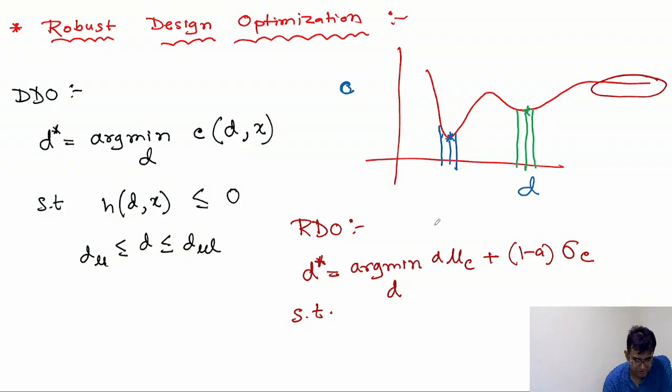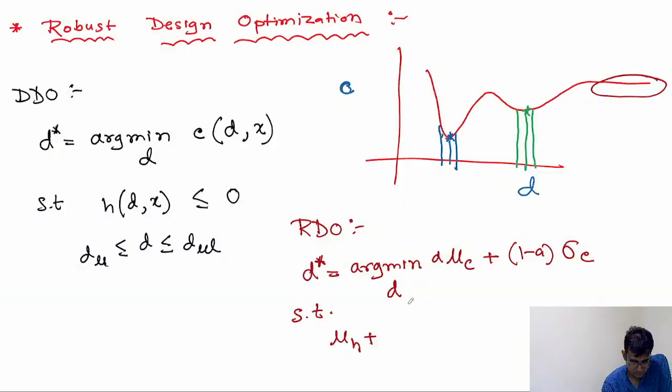So the constraint will be mu of h plus, I said 3, but I will not write 3, because that number 3 can change based on distribution and all those things, so it should be k times sigma of h less than equal to 0, the threshold was 0 in this case.